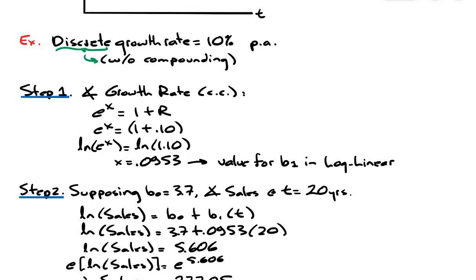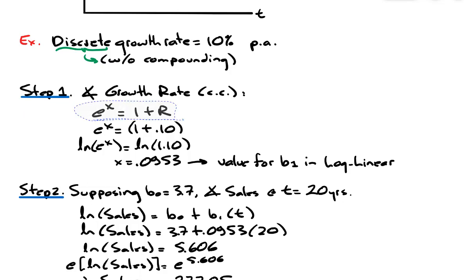Well, if I'm using a log linear model, what was that other advice I gave you? With log models, when you're calculating percentage change, it's done on a continuously compounded basis. So that's our step one. Let's find out what the continuously compounded growth rate is. The equation we're going to use to transform from discrete over to continuous is this one right there.